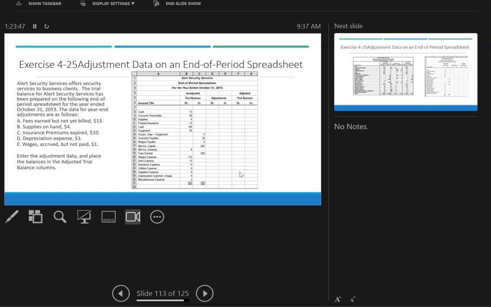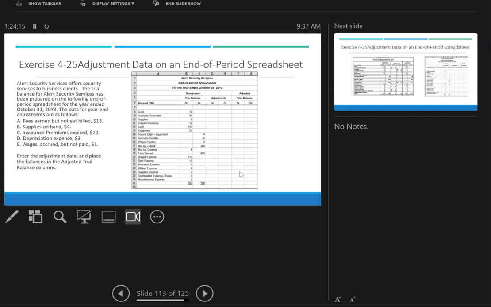What they want us to do is, on this spreadsheet, put in the adjustments and then show an adjusted trial balance. So here we're going to adjust fees earned but not yet billed. What do we do when we have fees that were earned and not yet billed? We'll debit accounts receivable and we credit fees earned.